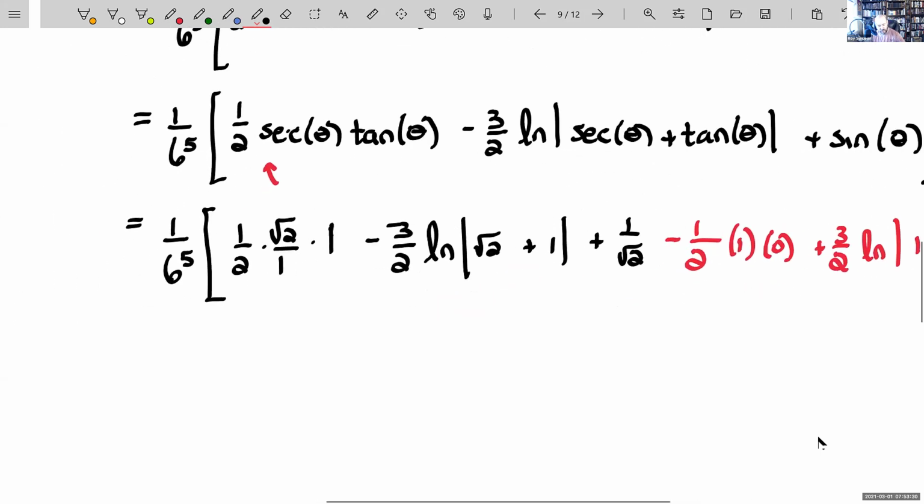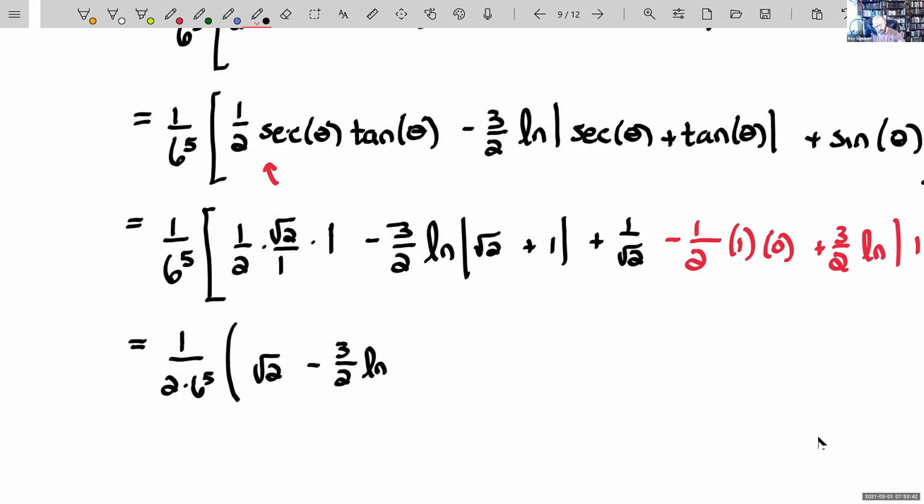And now I'm going to factor 1/2 out of all of these. So that's 1 over 2 times 6 to the 5th times root 2 minus 3/2 natural log of root 2 plus 1 plus, I guess I shouldn't have factored. Let's see, if you divide off 2, you get a root 2. There we go.